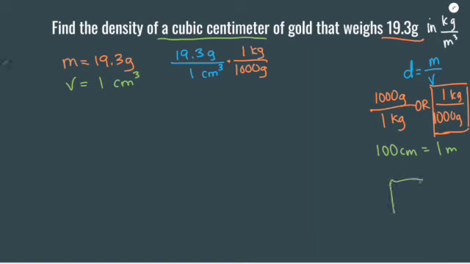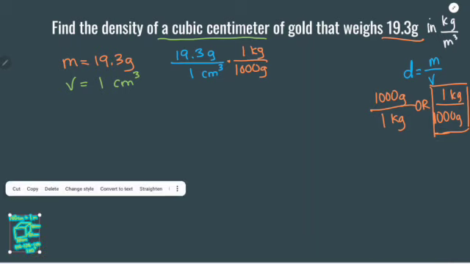If we had a cubic meter, that's a cube that is 1 meter in length, width, and height. That 1 cubic meter could also be written as 100 centimeters in length, 100 centimeters in width, and 100 centimeters in height. In order to find the volume in cubic centimeters, you'd actually take 100 times 100 times 100, or you could say 100 cubed.